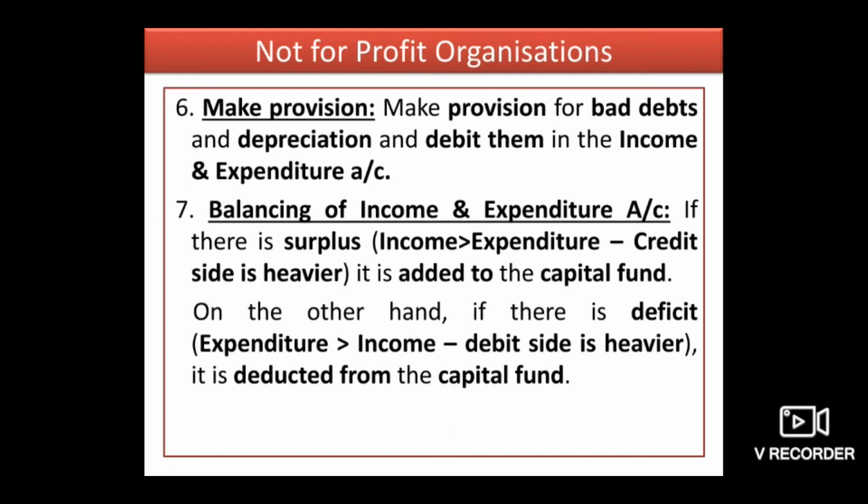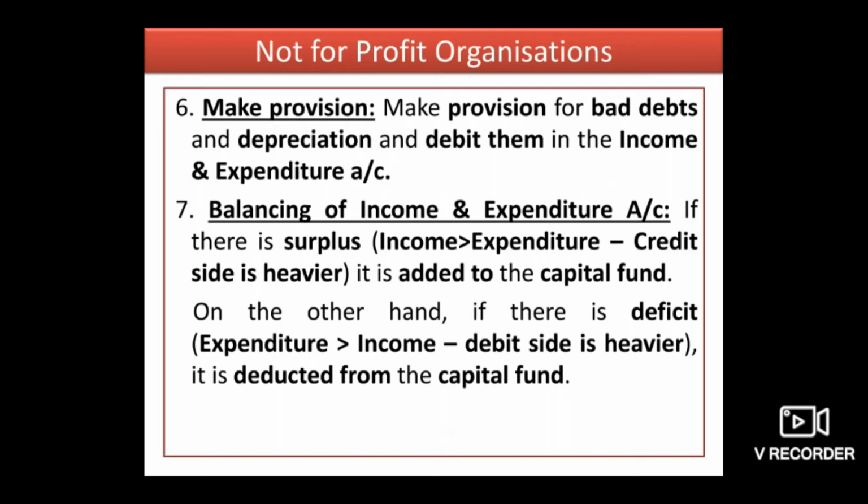In the seventh step, we have to make the balance of this income and expenditure account. When we balance the income and expenditure account, if there is surplus, that is a situation of excess of income over expenditure, that means the credit side is higher than the debit side, and that surplus should be added to the capital fund.